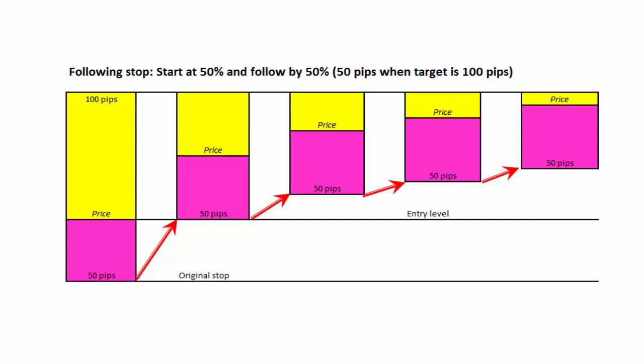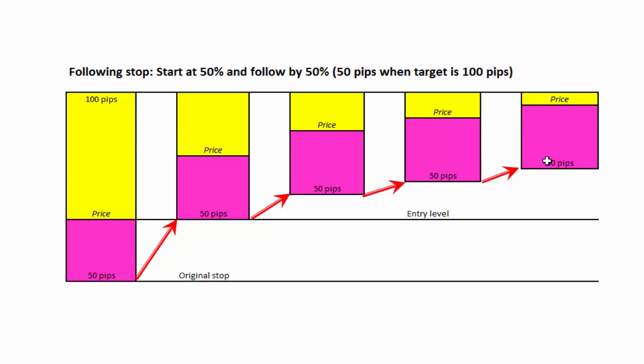So in other words, when the price moves up to plus 60, the trailing stop will follow by 50 pips. If it goes to 70, it will follow by 50 pips, and then eventually the price will either hit the target or hit the stop.